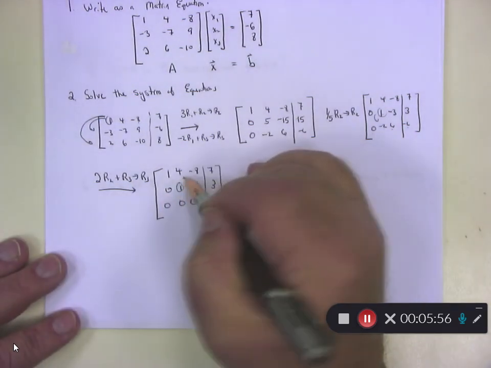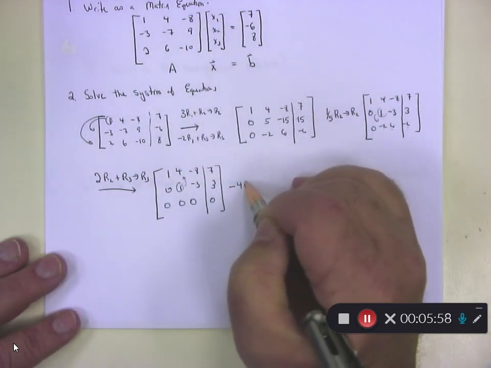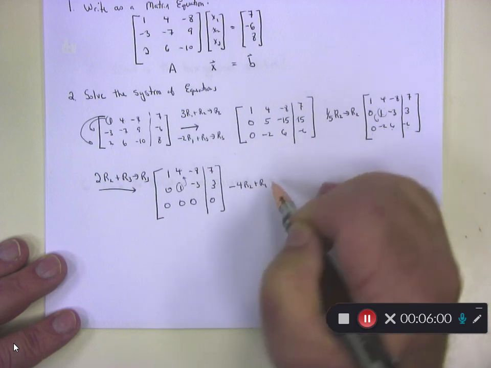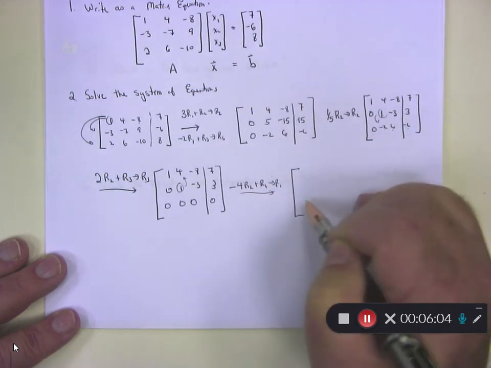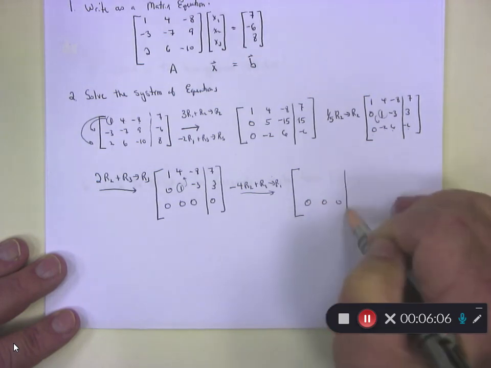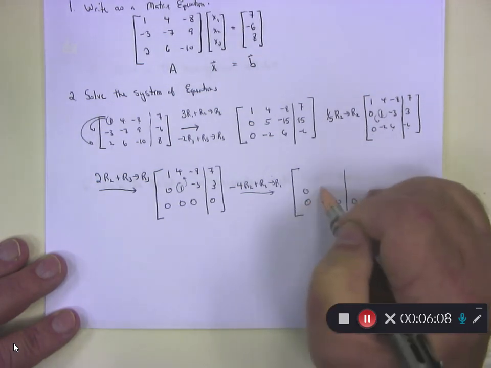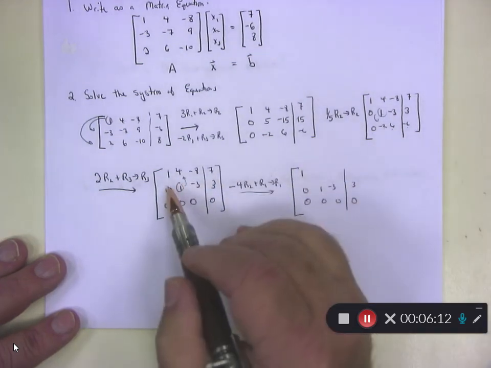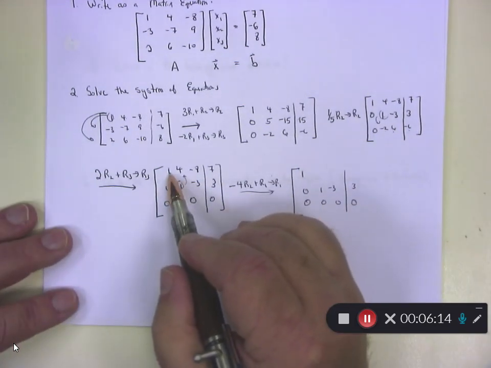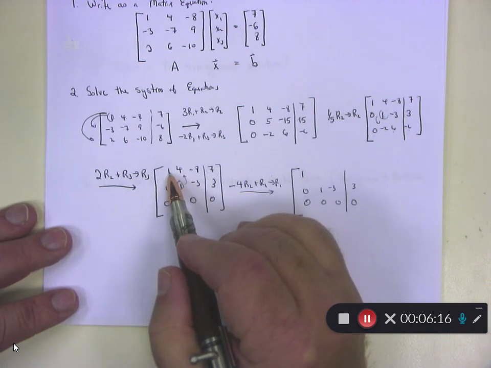Sweep up. That would be multiply negative 4 times row 2, add it to row 1, replace row 1 with that. This would give me 0, 0, 0, augment 0 on the bottom. 0, 1, negative 3, 3, and then 1. 0 times negative 4 is 0, plus 1 is still 1.